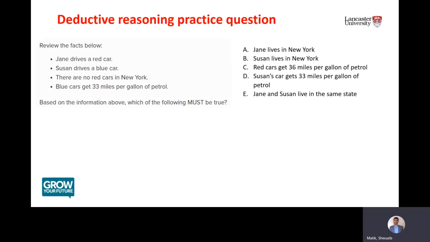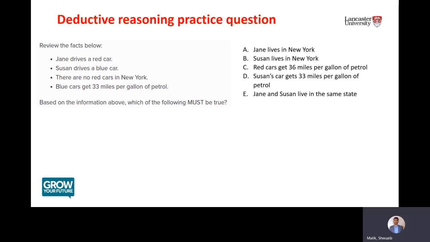Now, deductive reasoning is a type of logical reasoning practice question. And logical reasoning is composed of abstract reasoning, inductive reasoning, deductive reasoning, and diagrammatic reasoning. There'll be a question type and practice question for each of these. Deductive reasoning differs from the other ones because it doesn't include any shapes, whereas the other questions, as you will see, do a lot of the time.